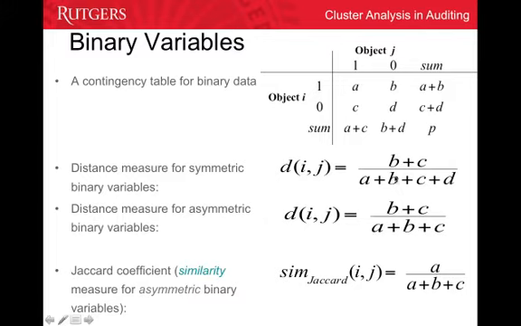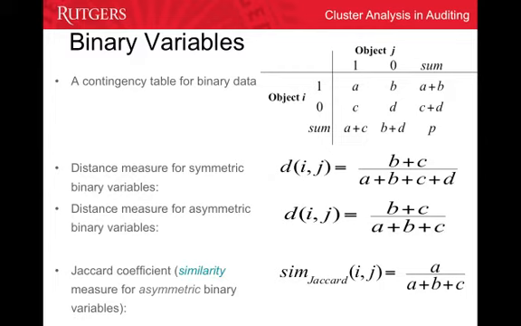In this case, first we calculate the number of attributes that have different values in these two objects, which also equals b plus c, and then we divide by b plus c plus a.